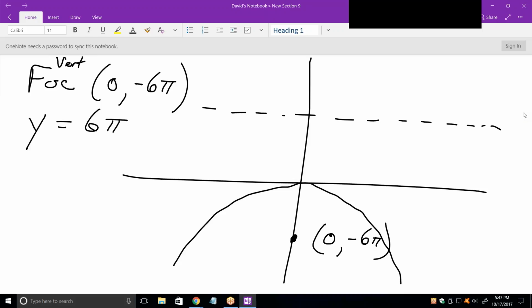Only if the vertex is for sure at 0, 0? Well, no, because they gave us what the directrix was. All I plotted was the focus and the directrix. Once you have the focus and the directrix, there's only one parabola that fits. First of all, the vertex has to be halfway in between them. And then once you find the vertex, the focus has to be inside the parabola. So that parabola that I've drawn is the only possible parabola you can draw.